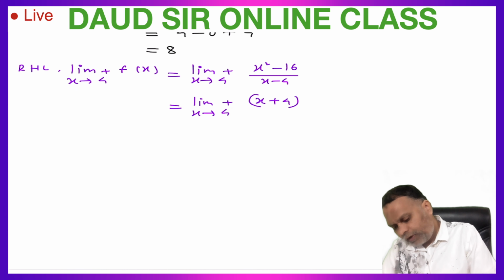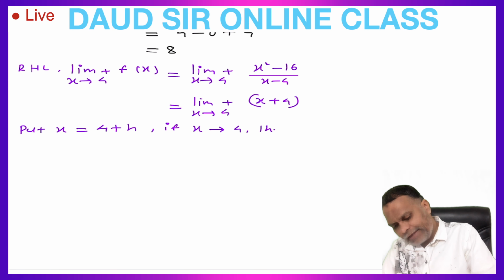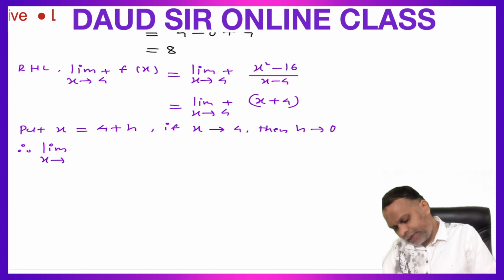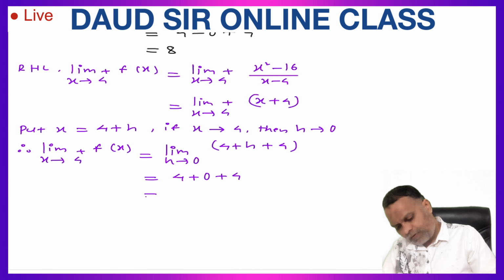So put x is equal to 4 plus h. Change tends to: if x tends to 4, then h tends to 0. Therefore the right hand limit will become limit h tends to 0, x is equal to 4 plus h plus 4. Put h is equal to 0. So 4 plus 0 plus 4, 4, 4, 8.